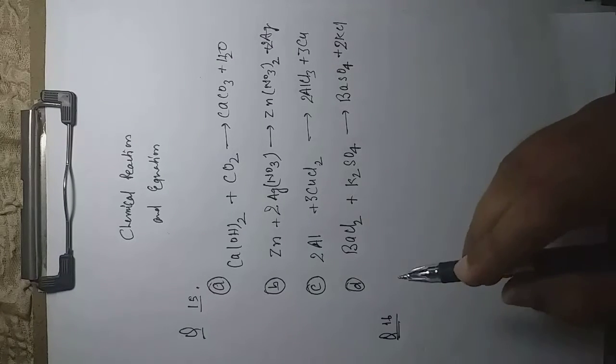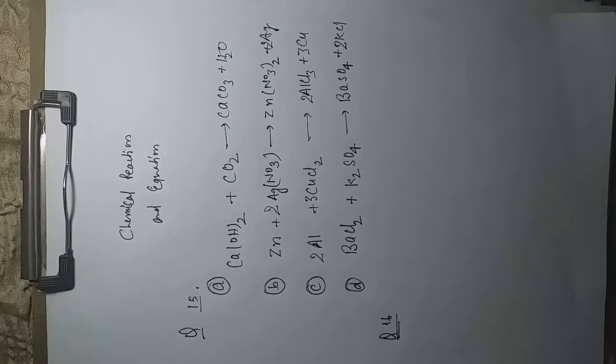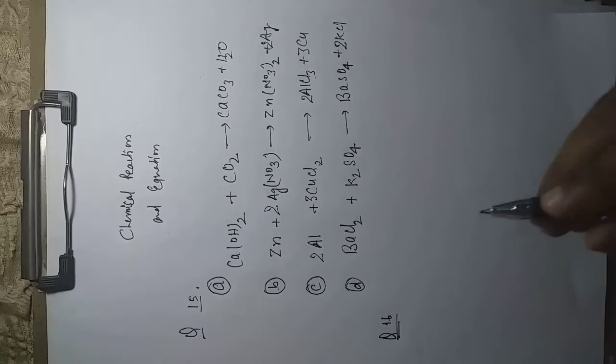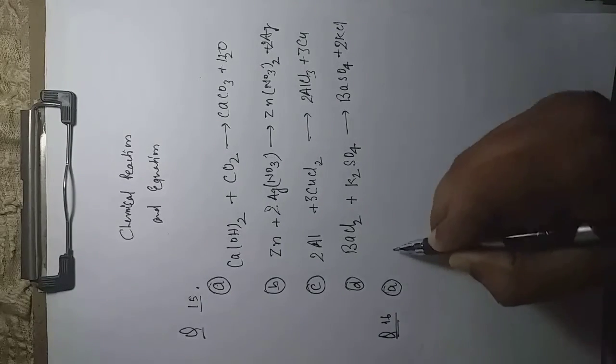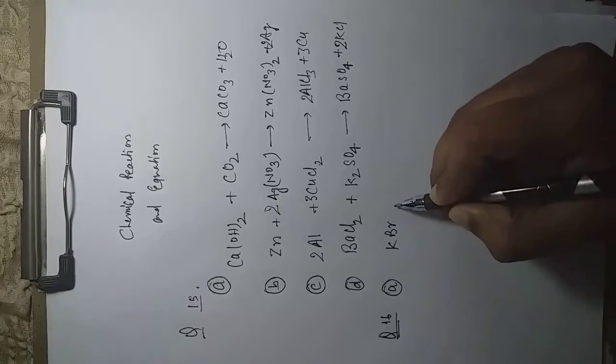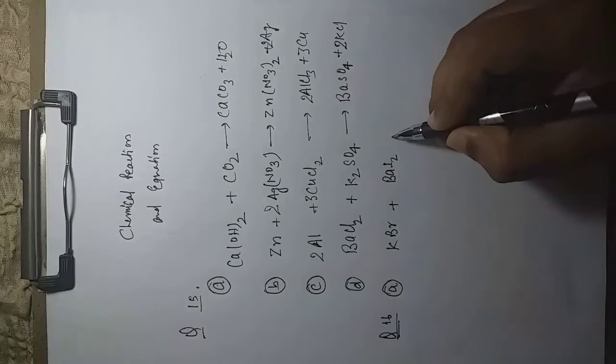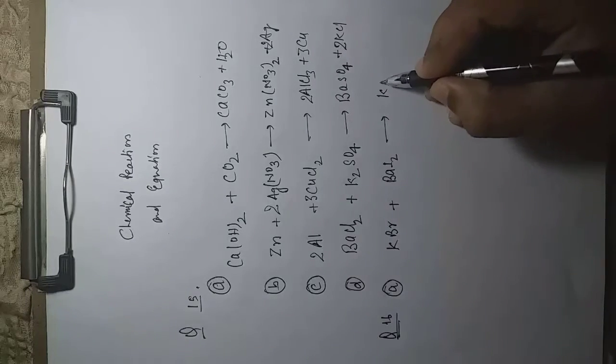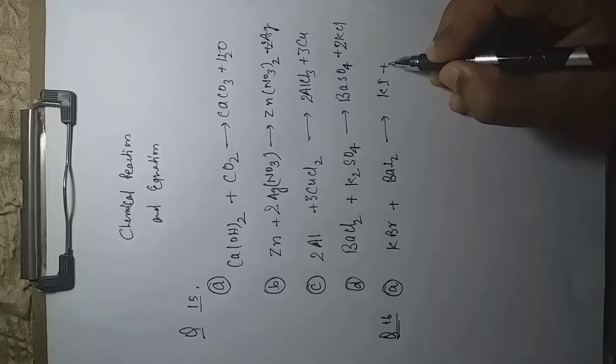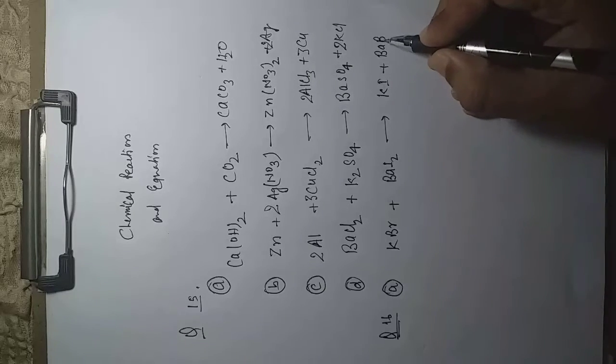First is potassium bromide, which is quite clear, KBr. So you write, A portion is KBr reacts with barium iodide, BaI2, it provides potassium iodide plus BaBr2, right?